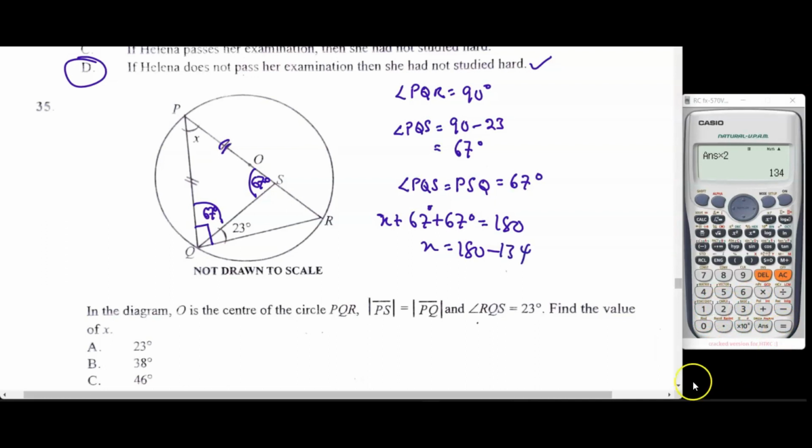So 134 out of 180, you are going to get a positive number of 46. So 180 minus 134 is actually 46 degrees. That's the value of X. X is 46 degrees, which is possible answer C. Possible answer C.